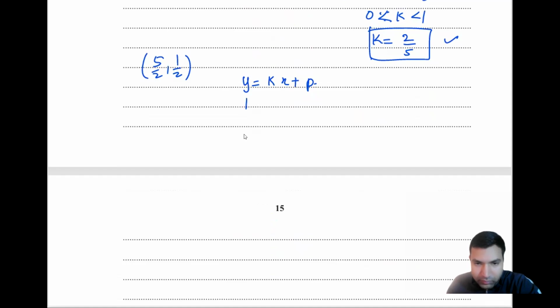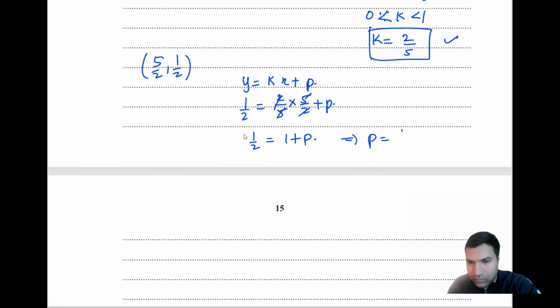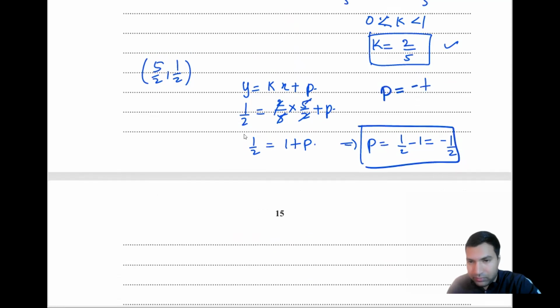Now y is 1 by 2, k is 2 by 5, x is 5 by 2, plus p, and therefore 1 by 2 is equal to 2 and 2, 5 and 5 cancel out, plus 1 plus p. And from here I can say p is equal to 1 by 2 minus 1, which is negative half. So we got the value of p as negative half.